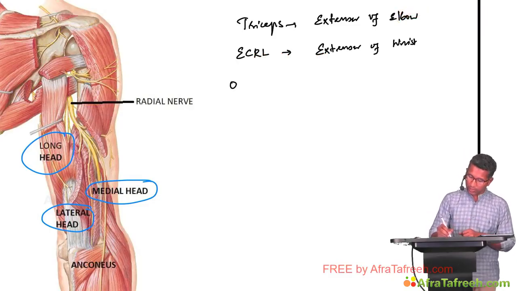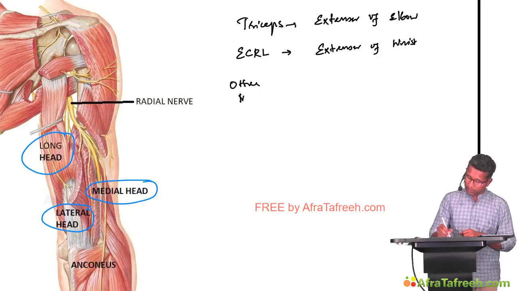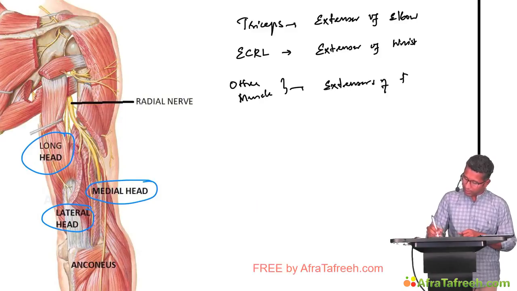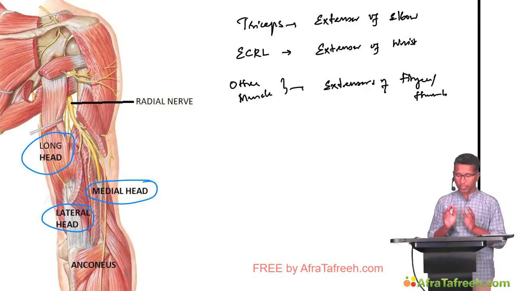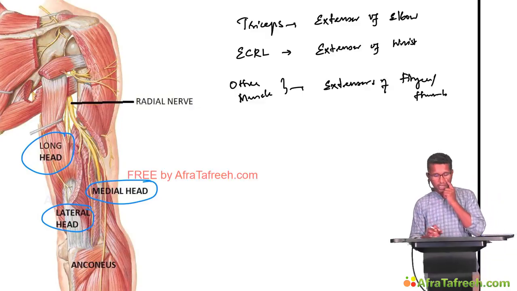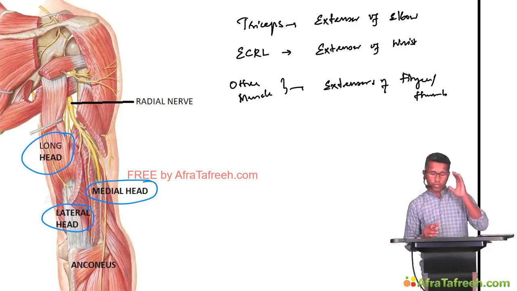The other muscles are the extensors of the fingers and the thumb. Other muscles means you don't take anconeus, you don't take supinator. Other extensor muscles are mainly extensors of the fingers and the thumb. So you need to understand these three basically.